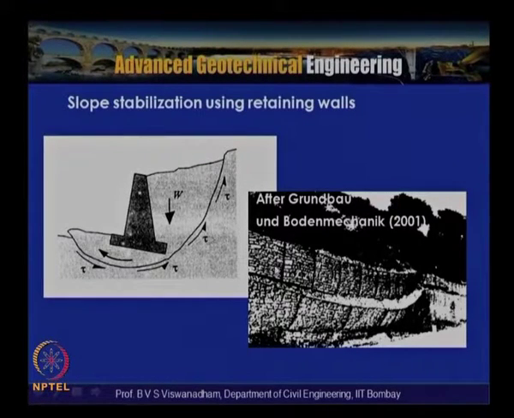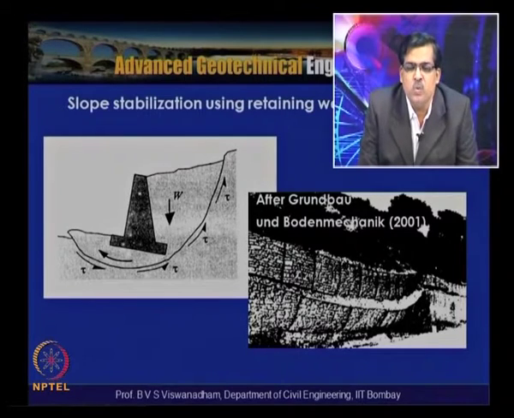The deformed gabion wall can be seen in this particular portion, and this is the failure surface which is passing right below the retaining wall.